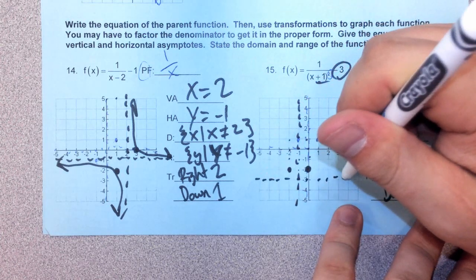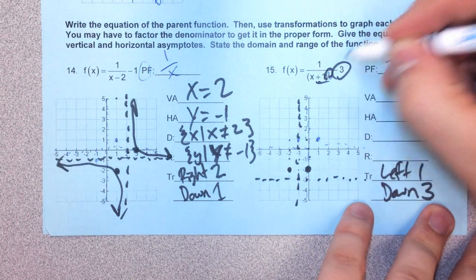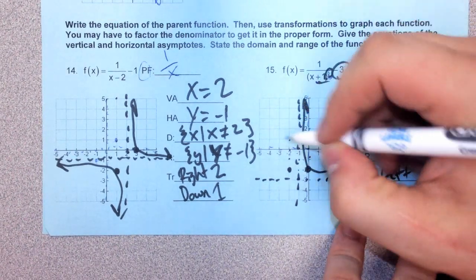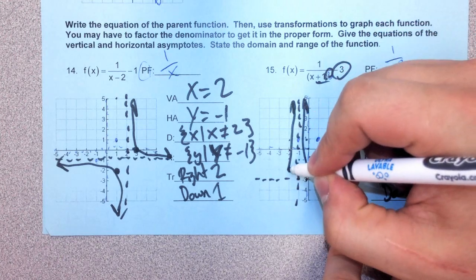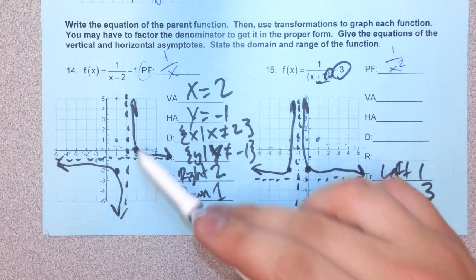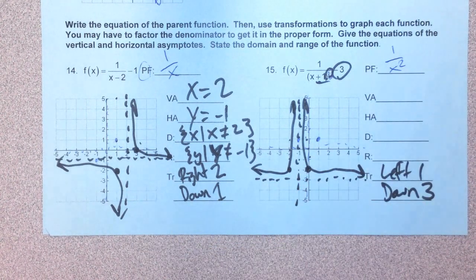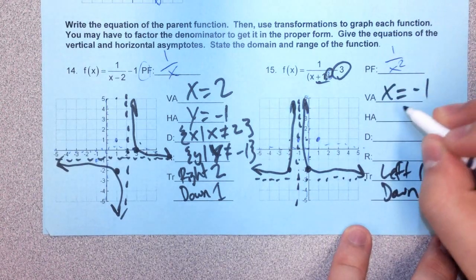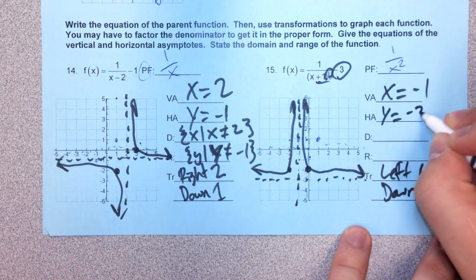And go right here. Now when it's the 1 over x squared, this one, the L shapes are kind of across from each other like this. It's really the only one where you end up next to each other and not opposite of each other like that. Vertical asymptote: x equals -1. Horizontal: y equals -3.